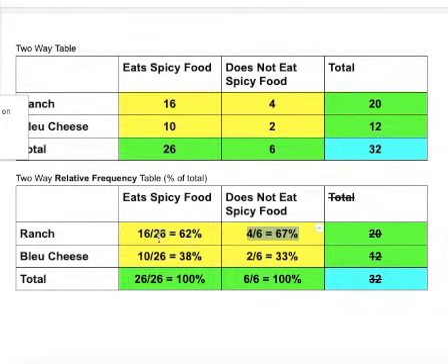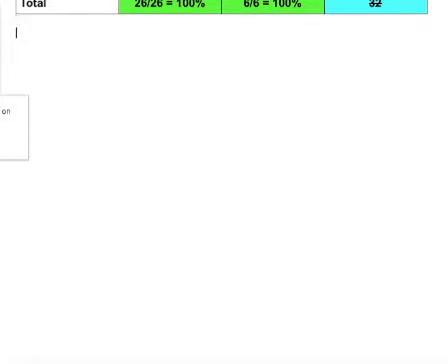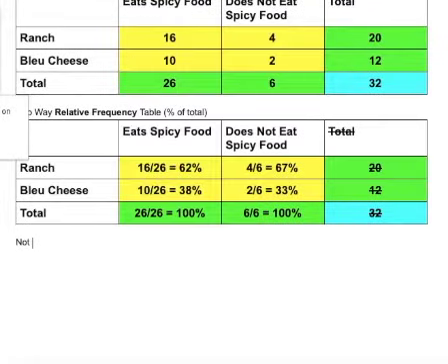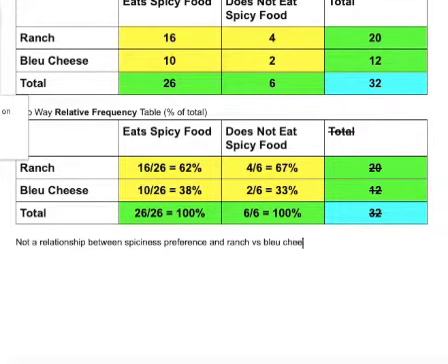The ranch population is still the majority, and the percentages aren't that different. So we would say there is not really a relationship between spiciness preferences and ranch versus blue cheese preferences.